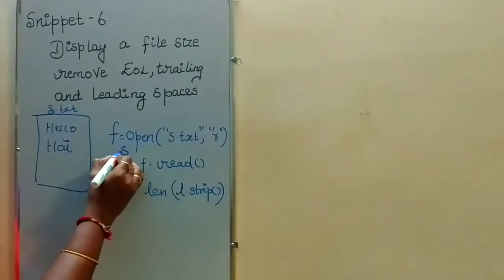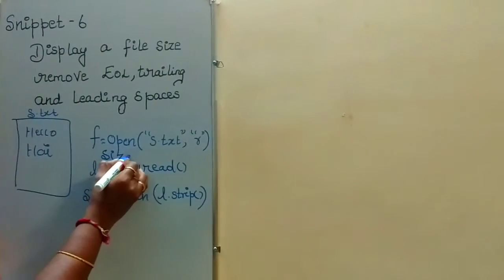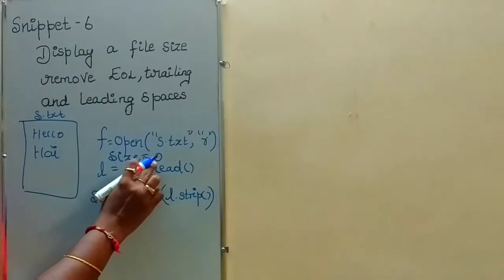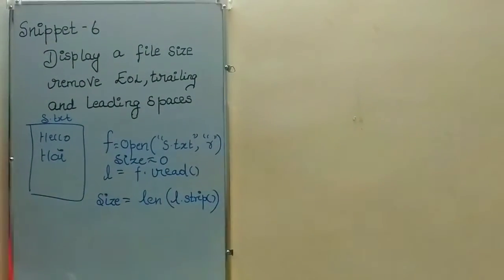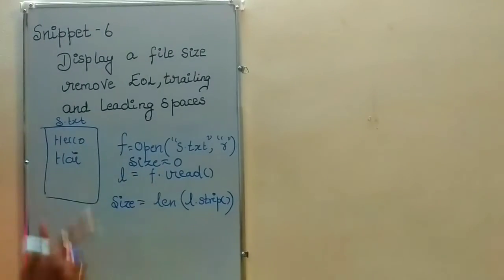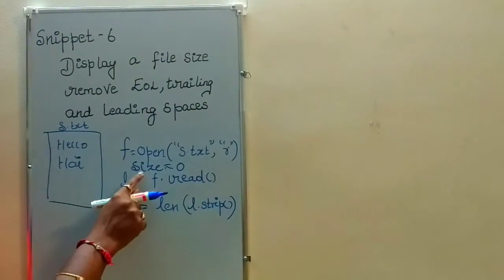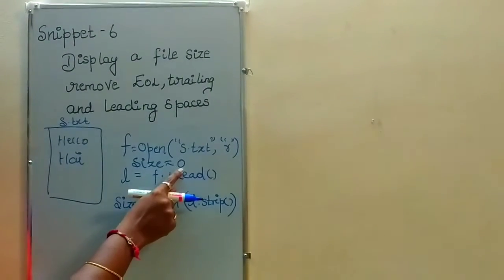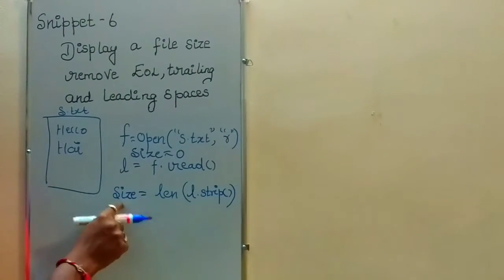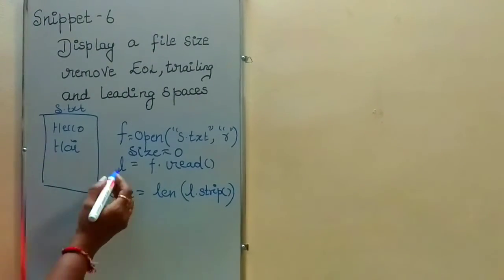That will be stored in a variable size. Initially, the size must be assigned a value 0. If you forget to assign this value 0, then a garbage value will be assigned to this size. So first assign size equal to 0. After finding out the length, you assign this value to the size.